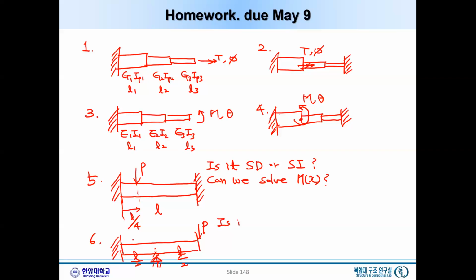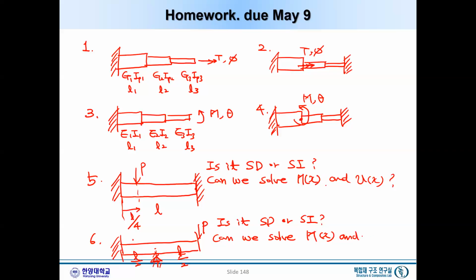Again, is it statically determinate or indeterminate? Can we solve moment M(x)? I also want you to solve moment M(x) and V(x) and the vertical deflections.